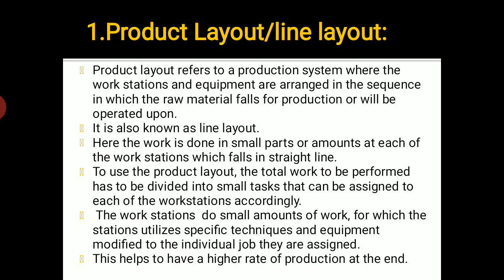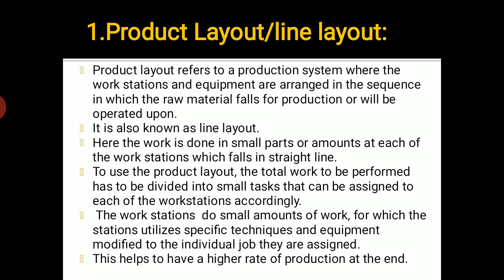Now, what is the speciality? Here, the work is done in small parts at workstations which fall in a straight line. Supposing we are producing product A, and product A requires 5 stages: number 1, number 2, number 3, number 4 and number 5. You have to pour in the raw material to produce A in machine number 1, which is placed first.